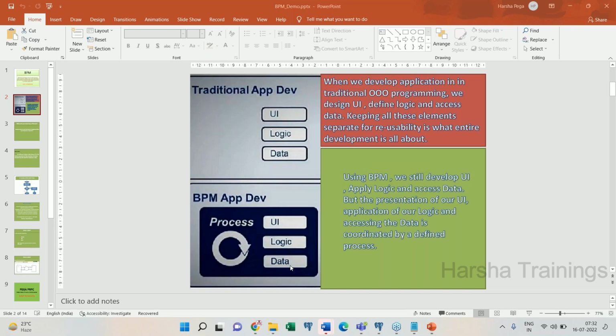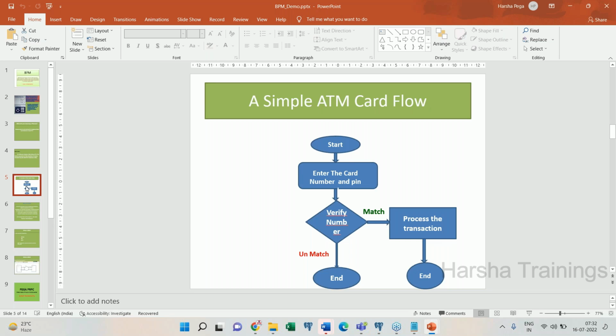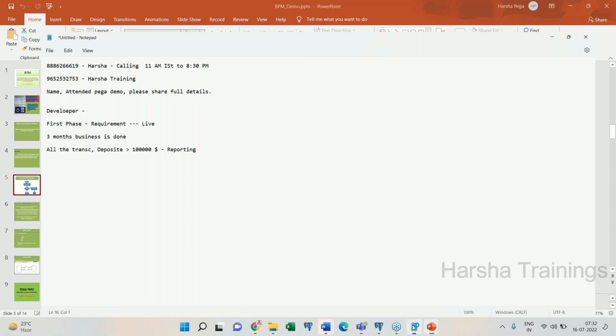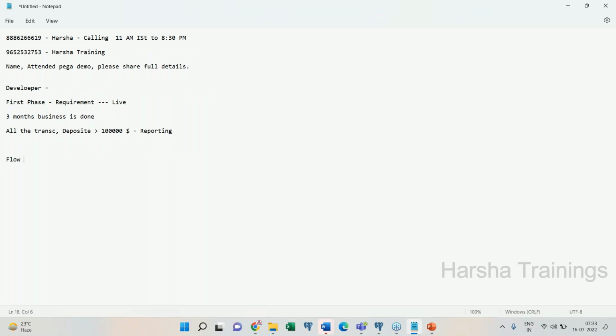Apart from these three, in order to design a transaction model using BPM, you will be provided with a workflow architecture. You can say flow diagram, or flow, or process. Let me give the different terminology: a flow chart, or simply flow, or workflow, or process, or transaction.